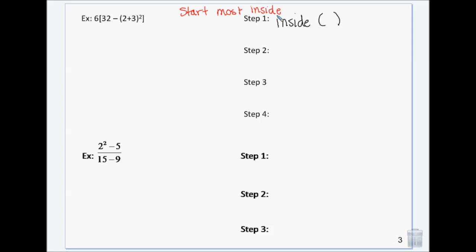So if you have parentheses inside of brackets and then maybe more parentheses and you've got all this stuff going on, you want to go to the furthest inside and then work your way out. Okay, so this is going to be 5 squared. Okay, now I still have to work inside the brackets because that's a grouping symbol, and inside the brackets the exponent comes next.